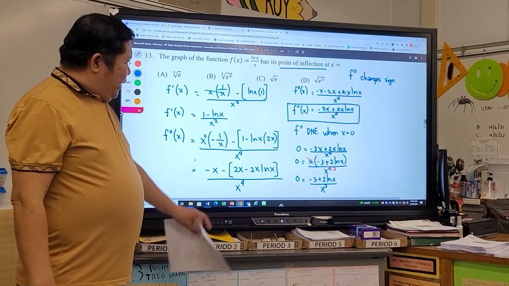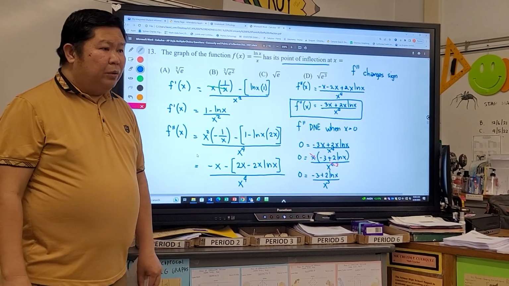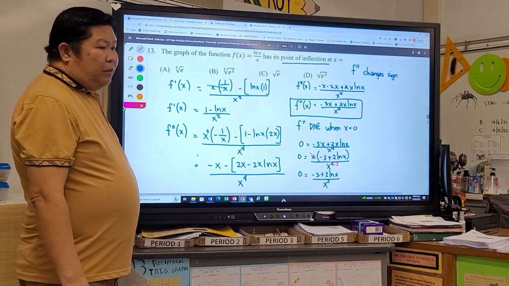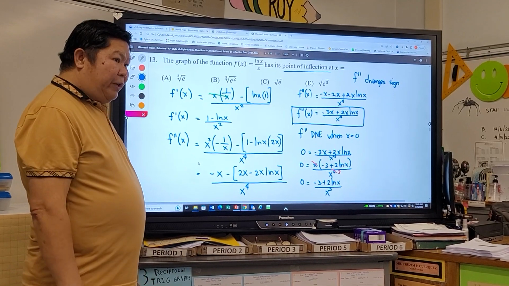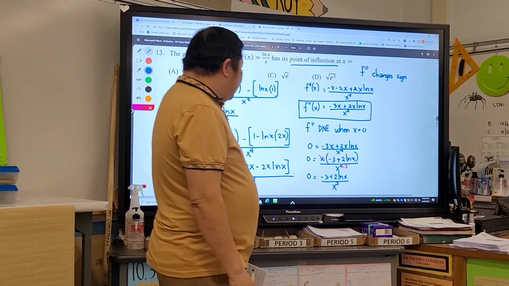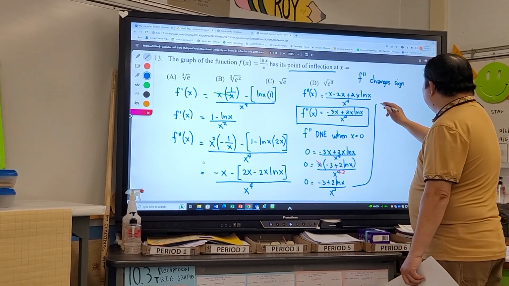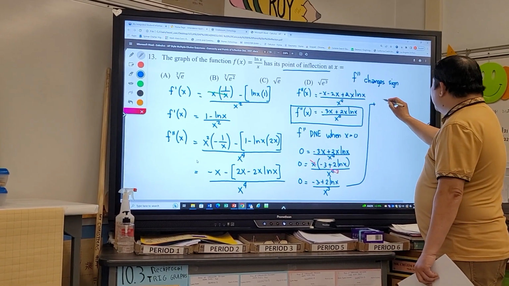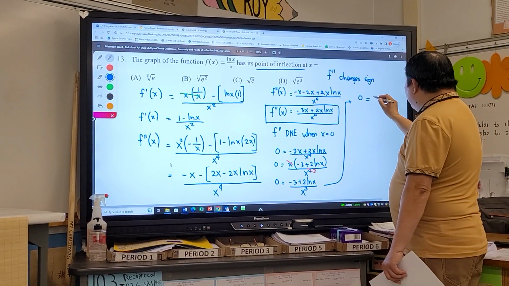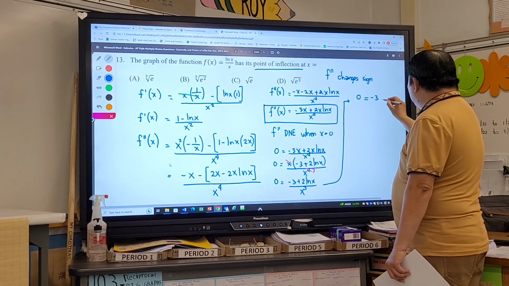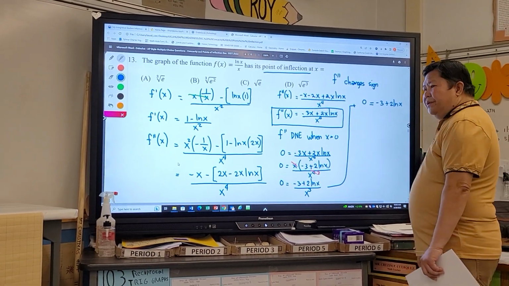In order to solve for x, we're gonna cross multiply, right? So that means x cubed times 0. What is x cubed times 0? It's 0. Or simply we multiply by x cubed both sides. So this is now 0 equals negative 3 plus 2 ln x.